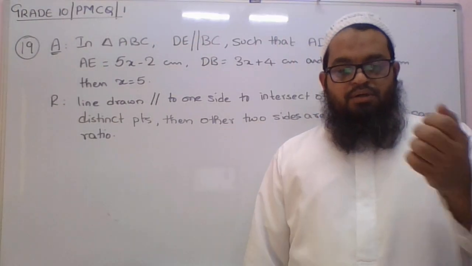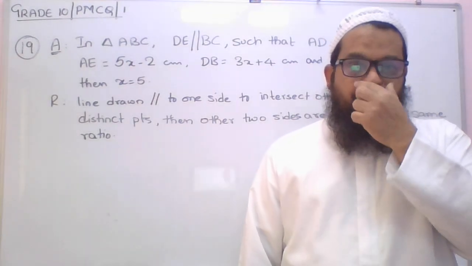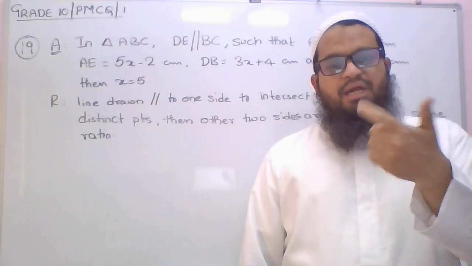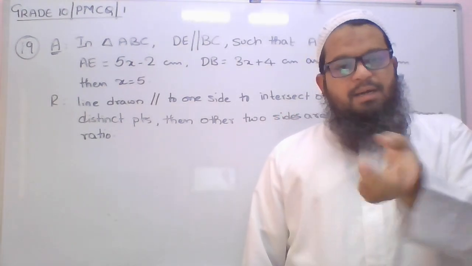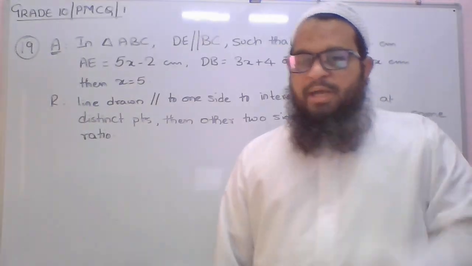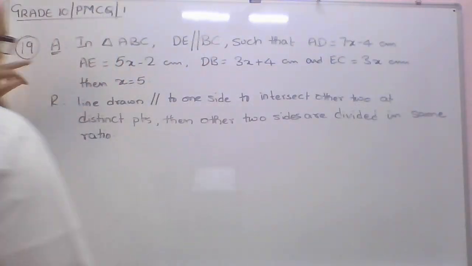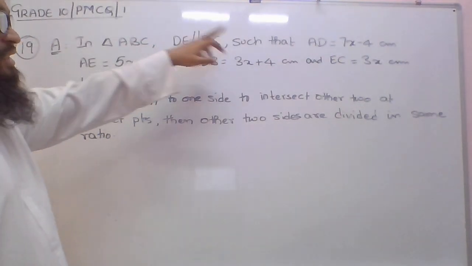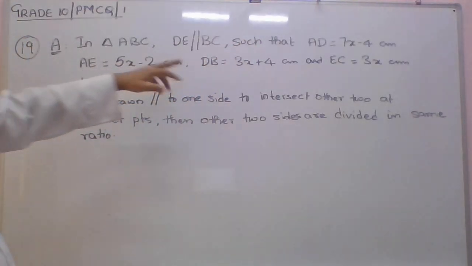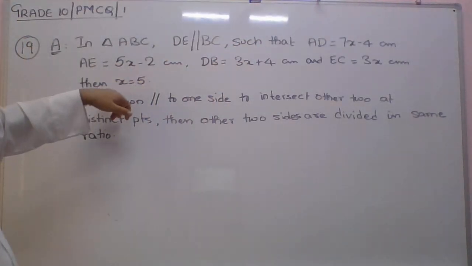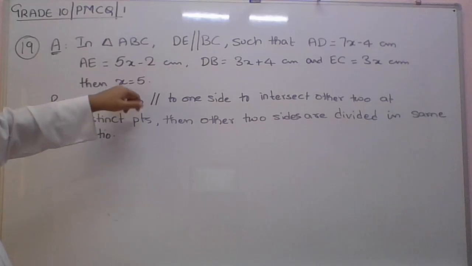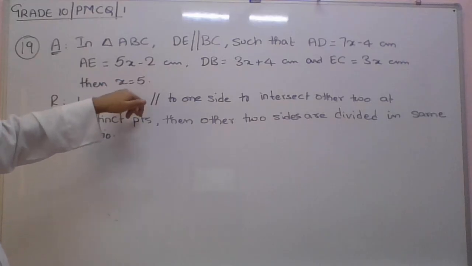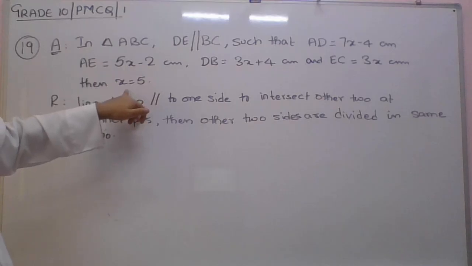See, whenever you see assertion and reasoning, first read the assertion separately and the reasoning separately. For example, here in triangle ABC, DE is parallel such that AD, AE, BD, EC are given, then X is equal to. So in order to prove whether X is equal to 5 or not, what am I supposed to do?